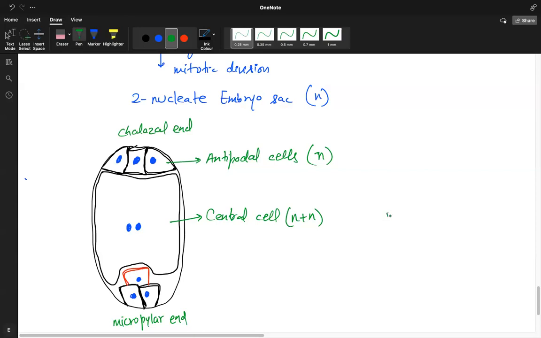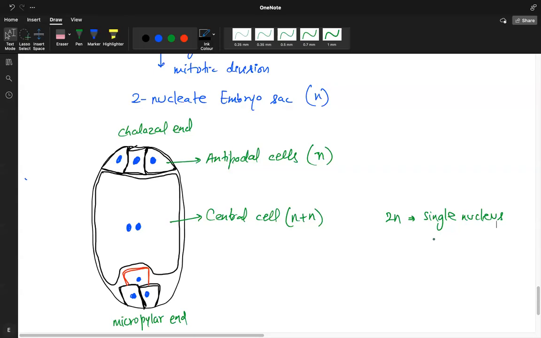If I'm saying 2n, it simply means there is a single nucleus with 2 copies of every chromosome. Like the nucleus in every cell of my body, except for the gamete cells, is 2n. So there is a single nucleus in my cell where 2 copies of every chromosome are present.